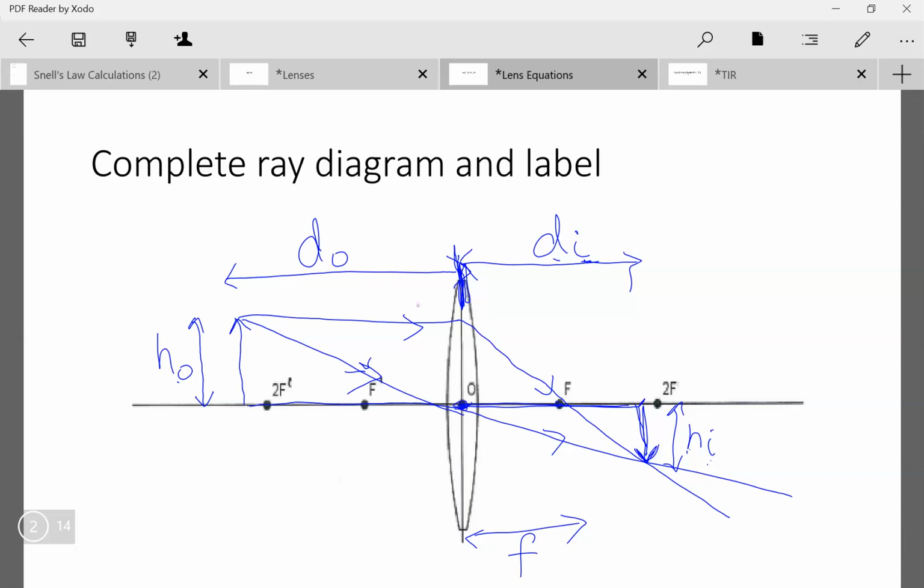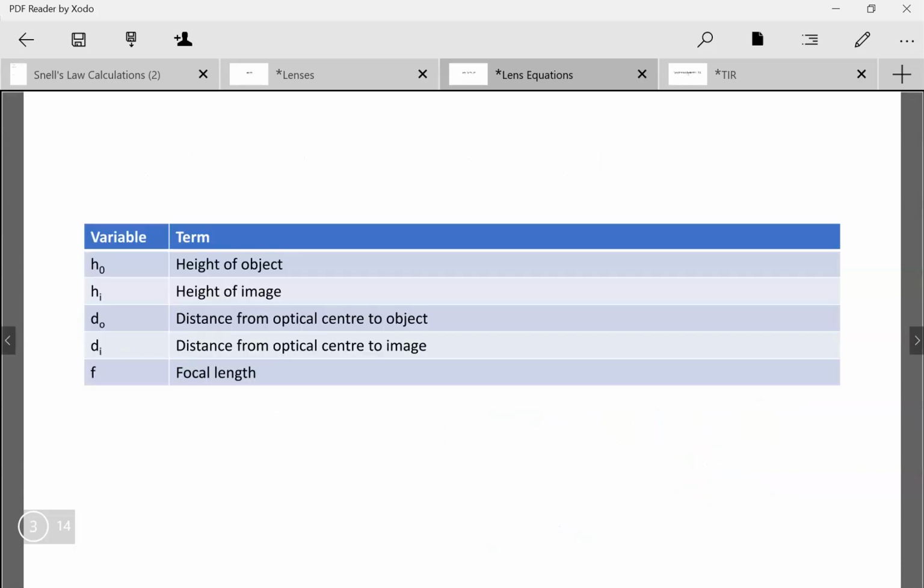So again, we have height of object, height of image, distance of object from lens, distance of image from lens, and the focal length of the lens. So this is what we just talked about.